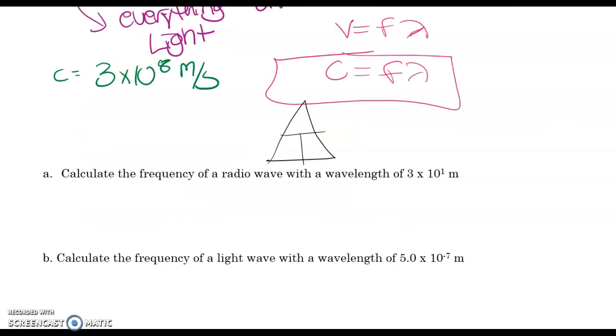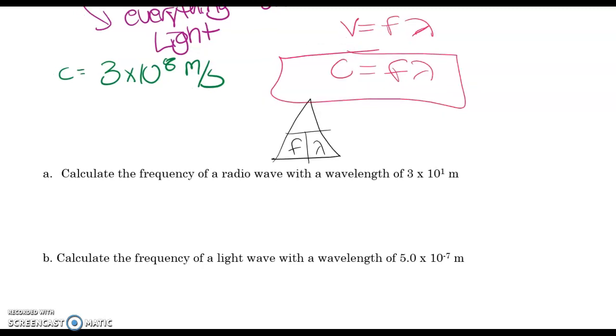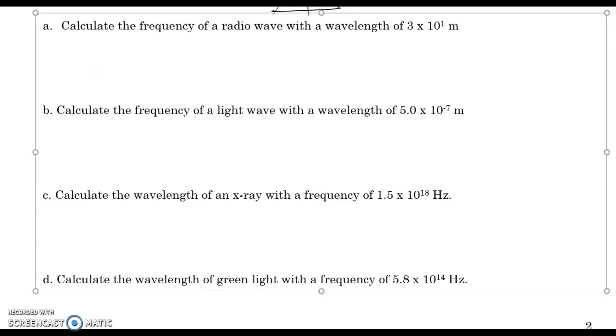And that's going to be a triangle equation, so we're going to make a triangle from it. When we do that, we just cover up the c, which leaves f and lambda down here, and c up top. Let's do some example problems.